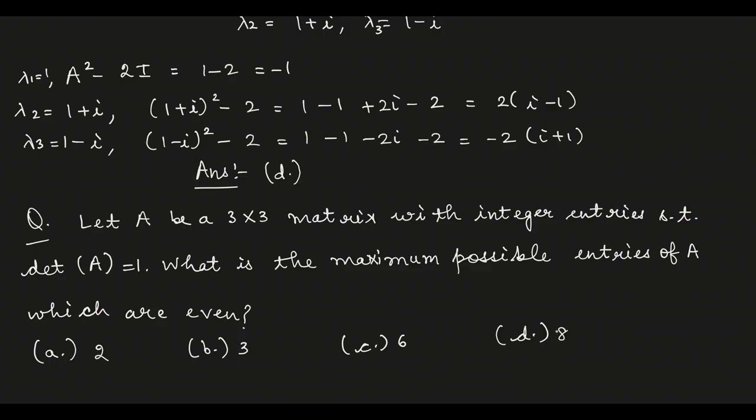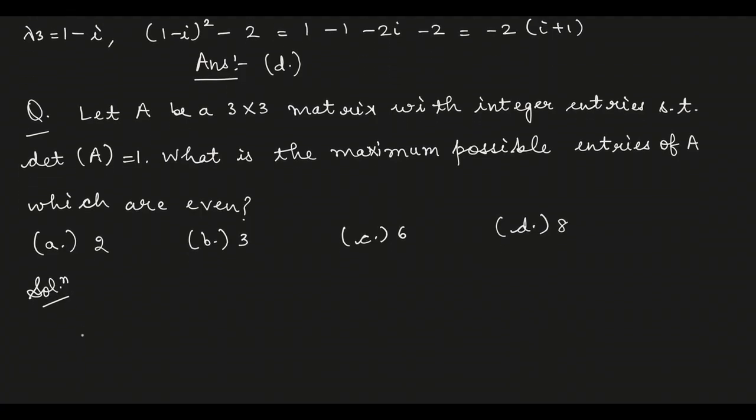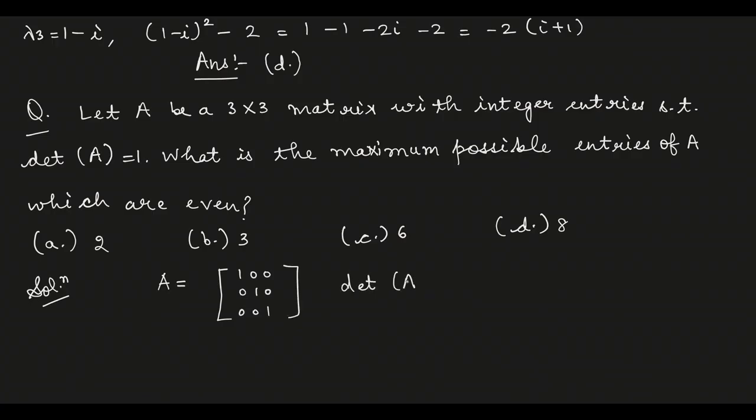No idea how to do this. Simply we can take any example. In such questions there is no need to go deep into theory. Take any random example whose determinant is 1, then we can easily do this. For example, the identity matrix. Determinant is 1. There are 6 even entries.